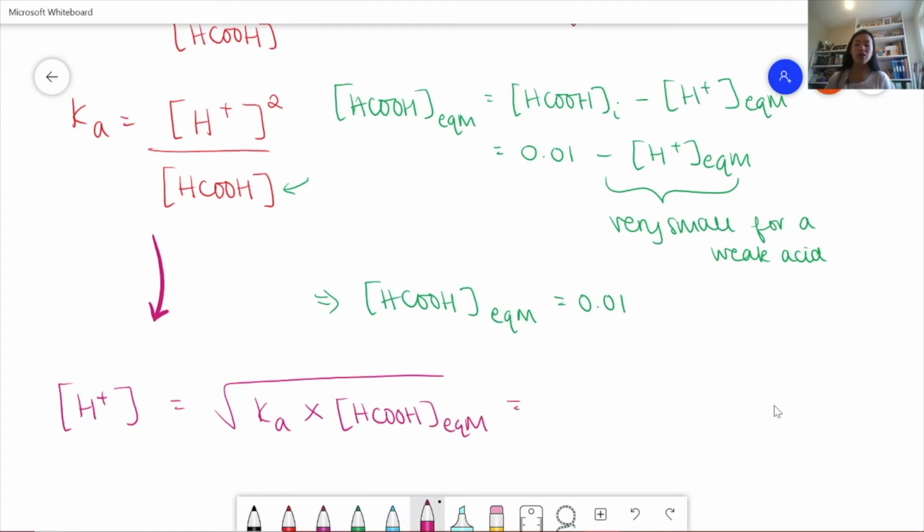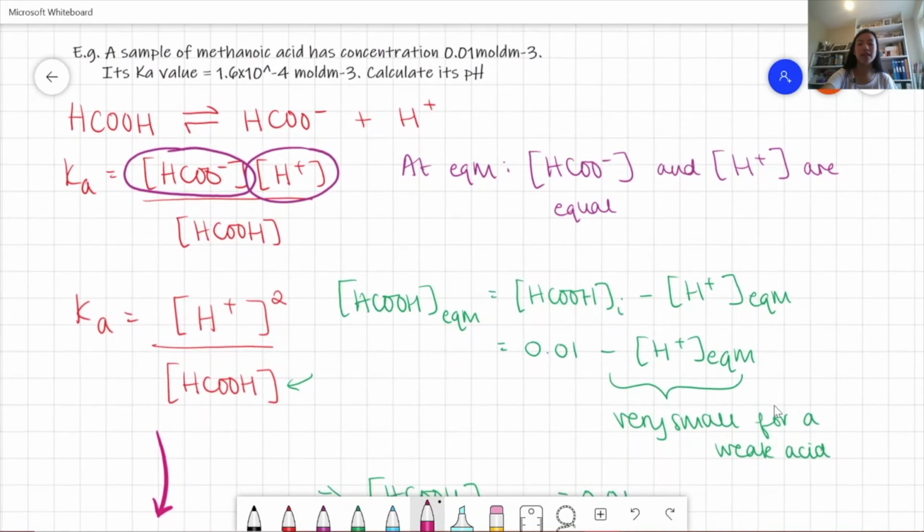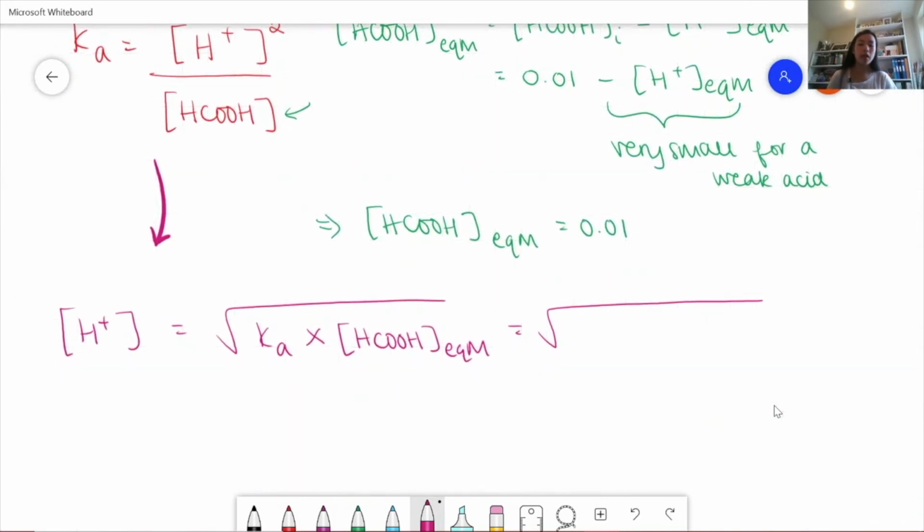And so we get the concentration of H pluses is equal to the square root of Ka, which was 1.6 times 10 to the minus 4, multiplied by 0.01. And this comes out to be 1.26 times 10 to the minus 3 moles per decimeters cubed.